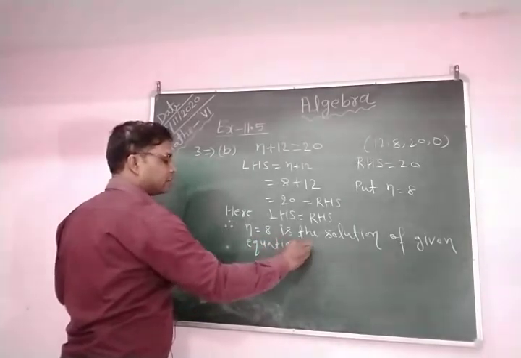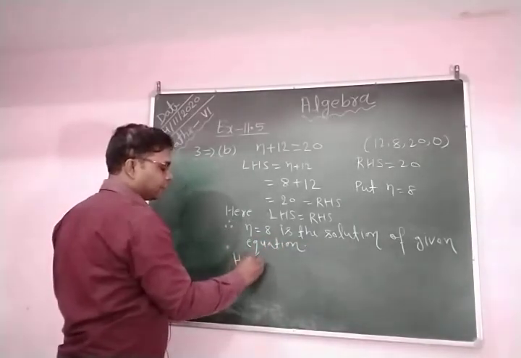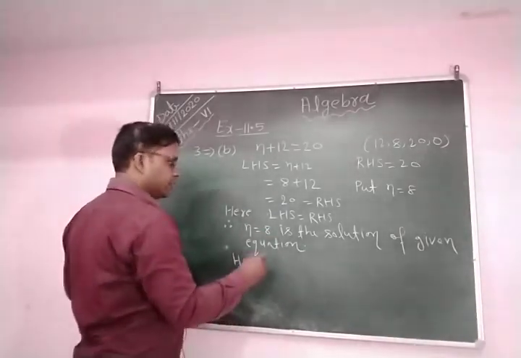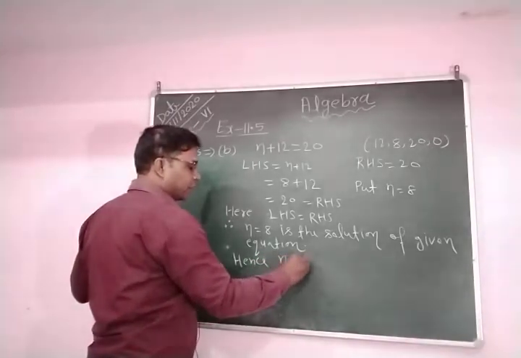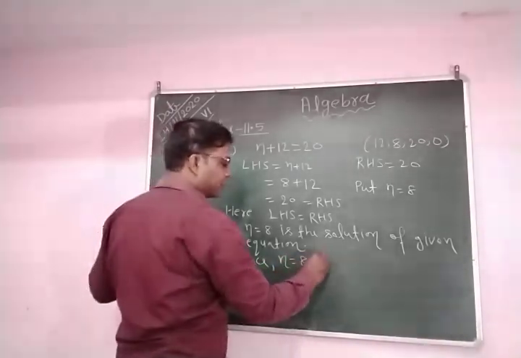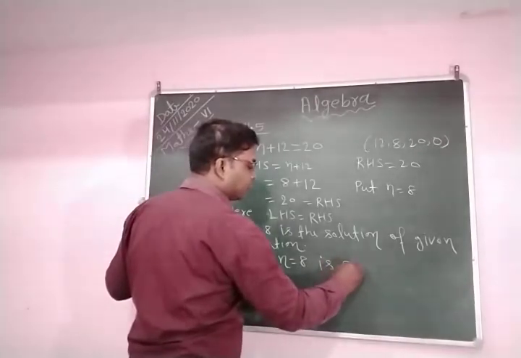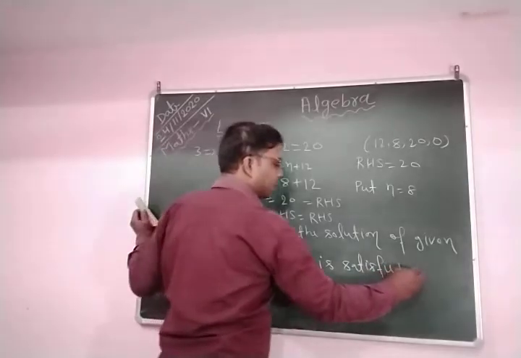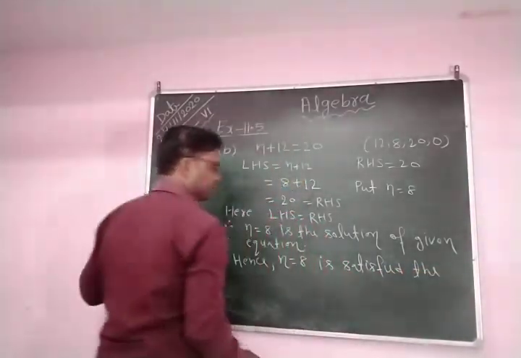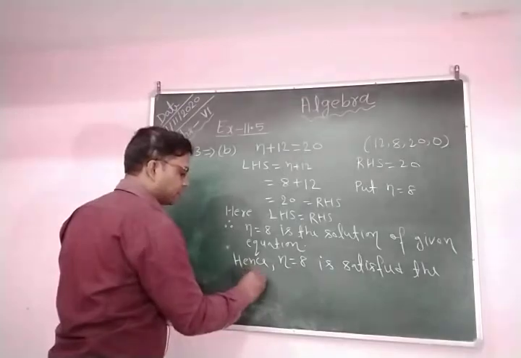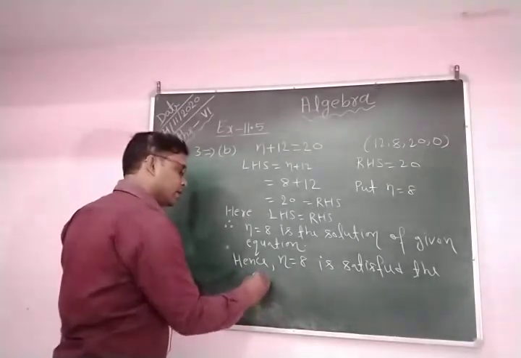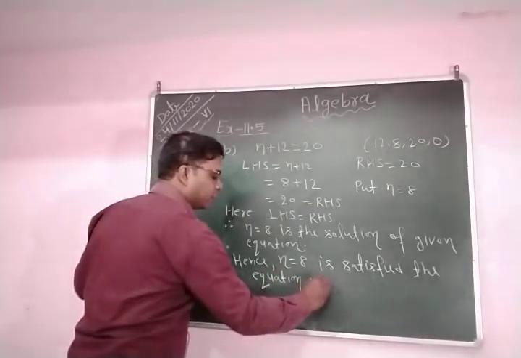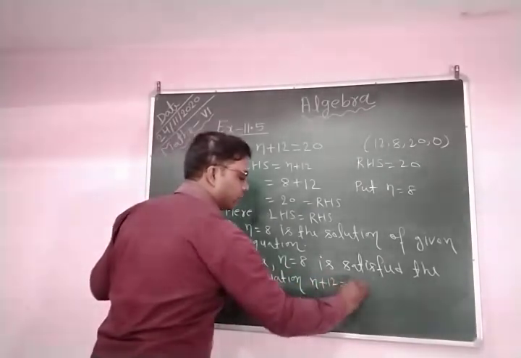Hence, n is equal to 8 satisfies the equation n plus 12 is equal to 20.